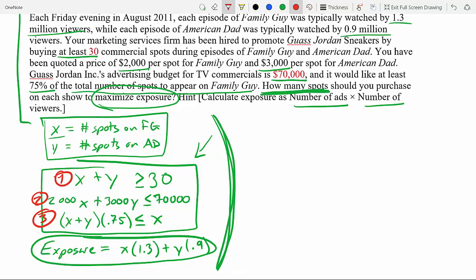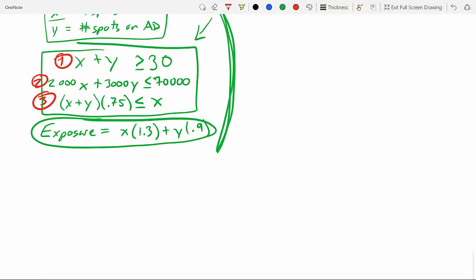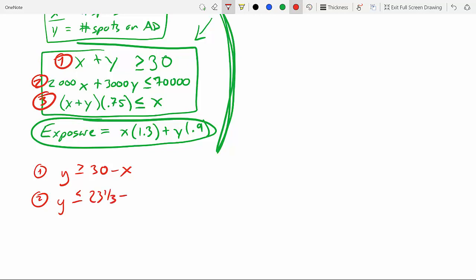So first off, equation 1 will graph y greater than or equal to 30 minus x. Equation 2 will graph y less than or equal to 23 1/3 minus 2/3 x.